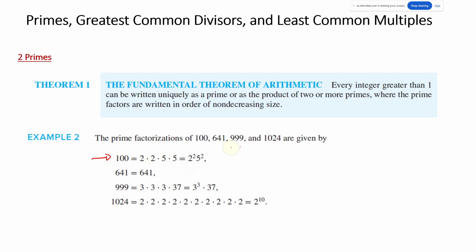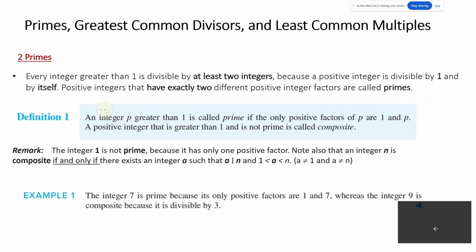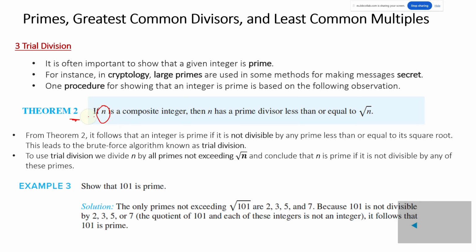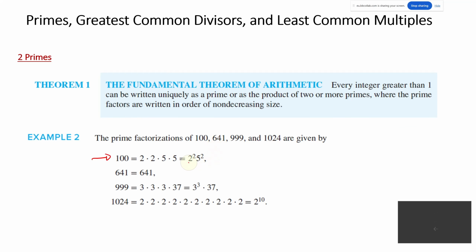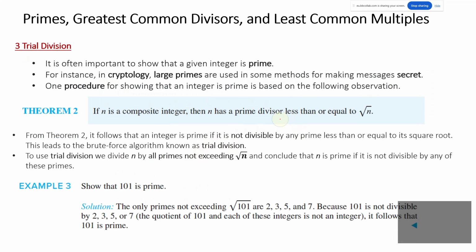The theorem says, if n is a composite integer, then n has a prime divisor less than or equal to the square root of that number.